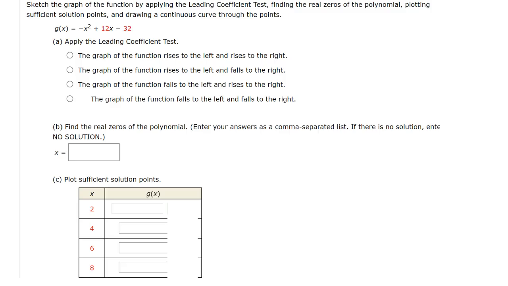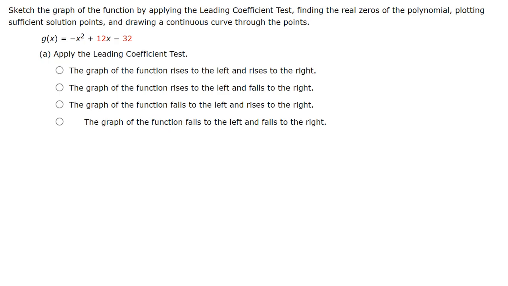Here, to apply the leading coefficient, if I have an even function and my leading coefficient is negative, the graph is going to fall on the left and rise on the right. So if I look at the options that I have here, what I want is fall on the left and rise on the right.